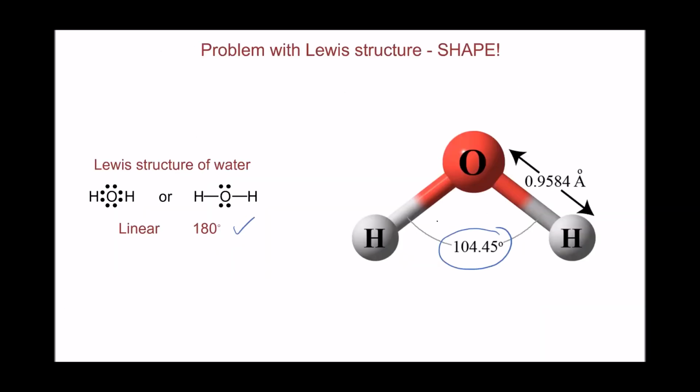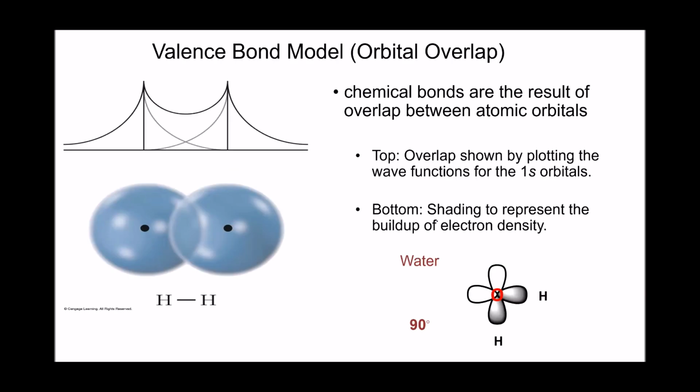Lewis structure doesn't imply any shapes, but it could deceive you into thinking that it's a linear compound. Orbital overlap could make you think that it has to be a 90 degree angle, because if you think about it, the electrons that will be shared to form the bond are actually in two separate p orbitals.